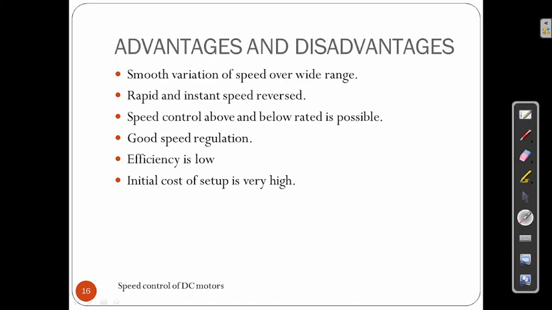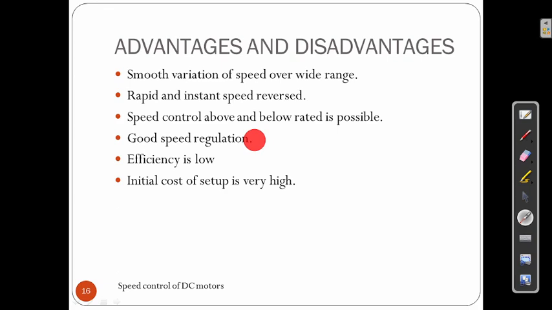As we already know, the rated speed is most commonly 1500 rpm. We can control the speed above the rated speed as well as below the rated speed. Then the speed regulation is very good here.